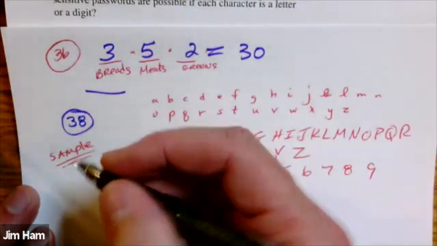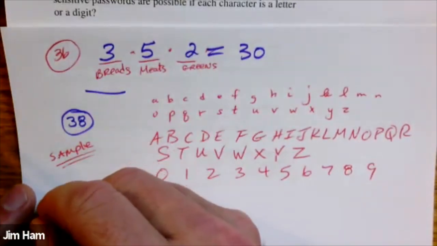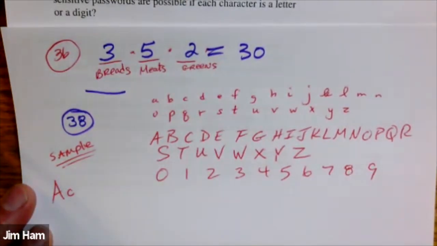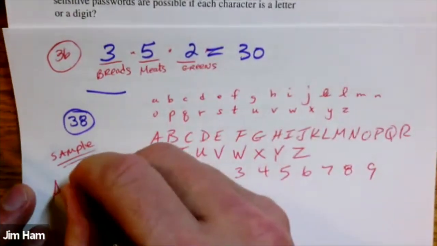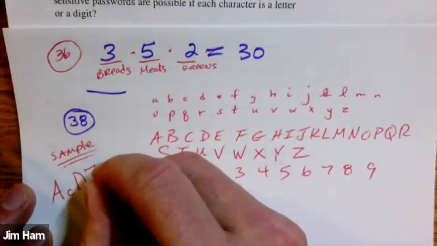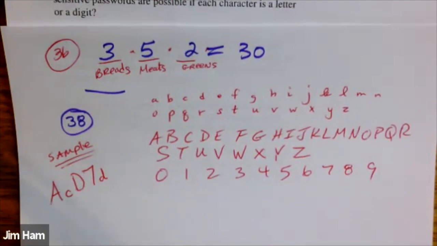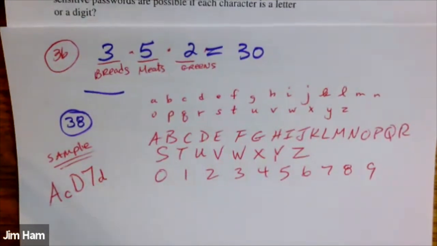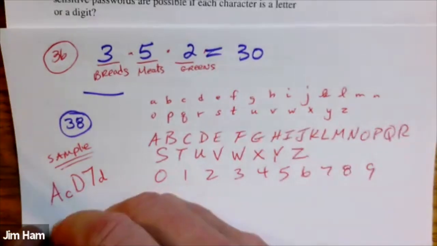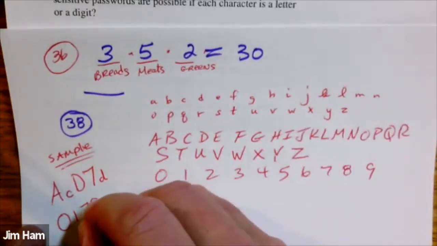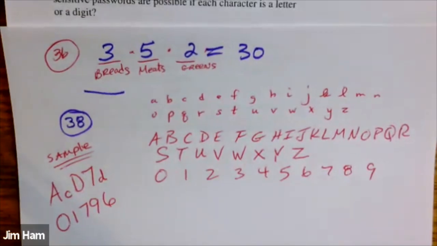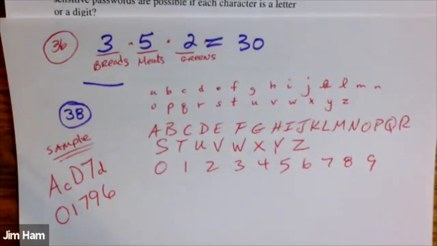So it could look like this: A, lowercase c, D, 7, lowercase d. So that could be the password. Notice that it consists of capital letters and lowercase letters, but another one could be this, 01796. Could be all numbers, could be all uppercase letters, could be all lowercase letters, could be a mixture.